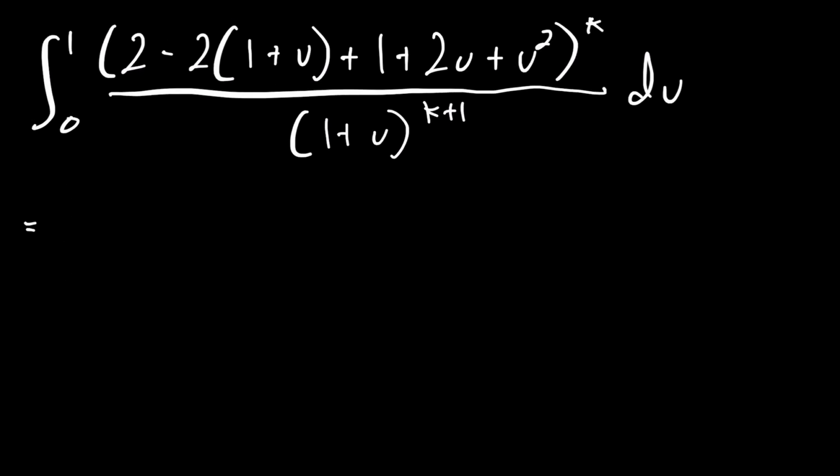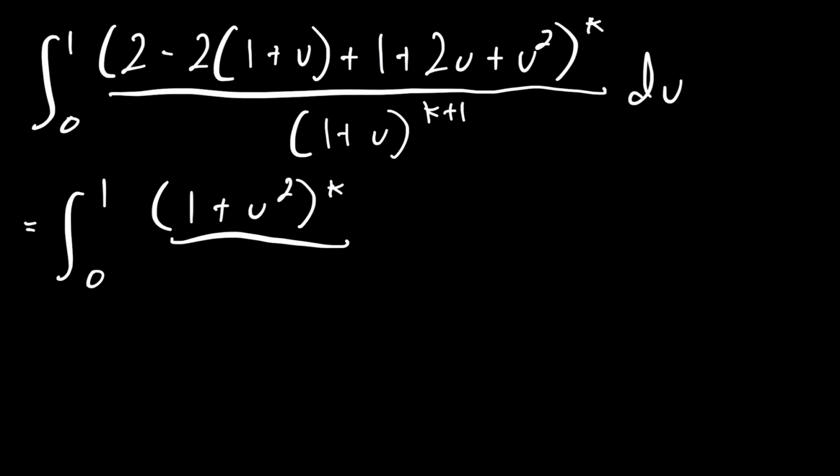So simplifying this down, we get 1 plus u squared to the k in the numerator and 1 plus u to the k plus 1 in the denominator, which is what we were asked to show.